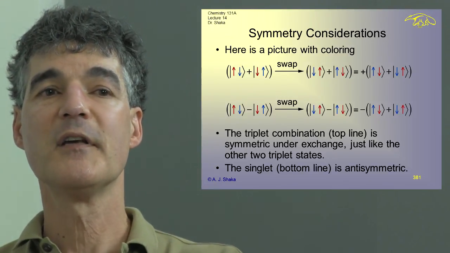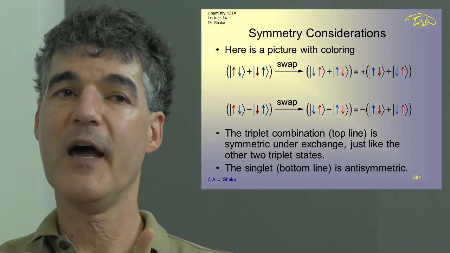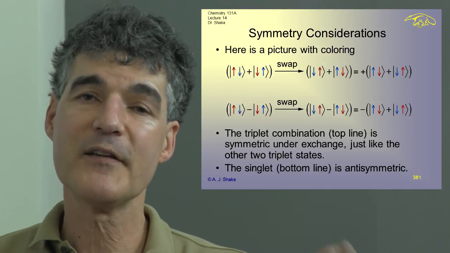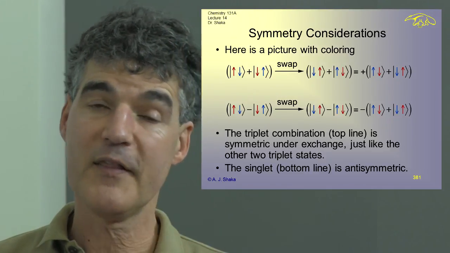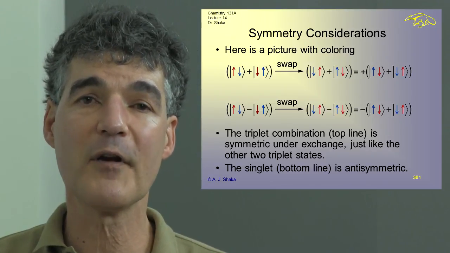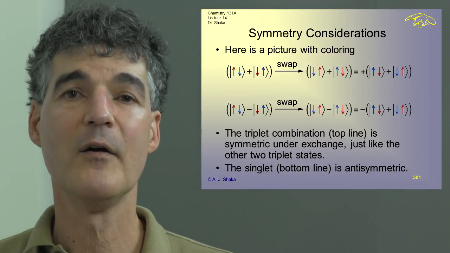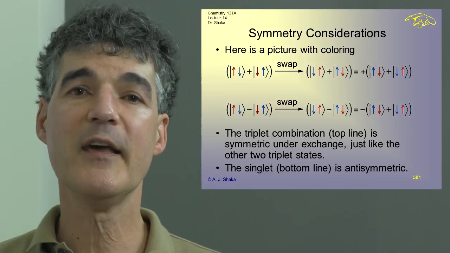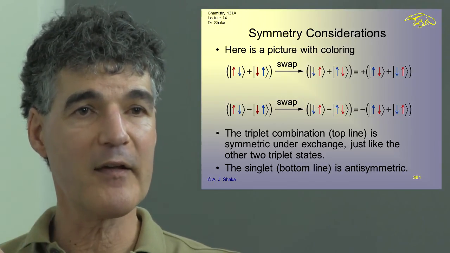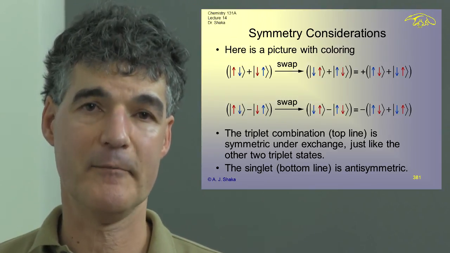Then if we just change the order, we get up in blue, down in red, plus down in blue, up in red. That's what we started with, except the colors are swapped. But the colors don't matter because the electrons are identical particles. We're just coloring them so that we can keep track of what we've swapped. And the key is that we get the same thing. The eigenvalue for this swapping is +1.